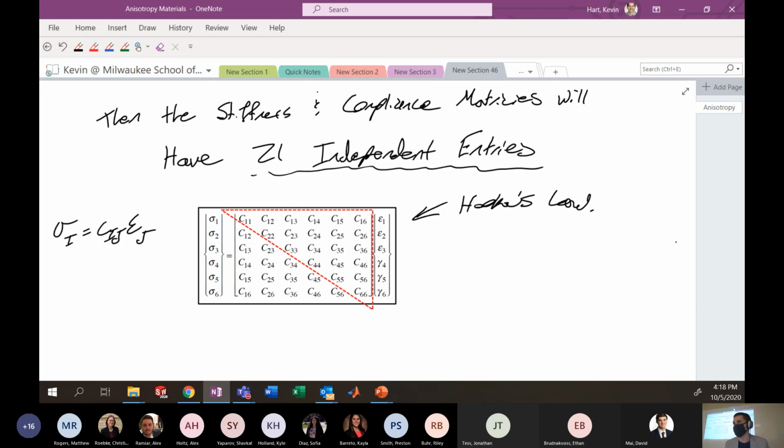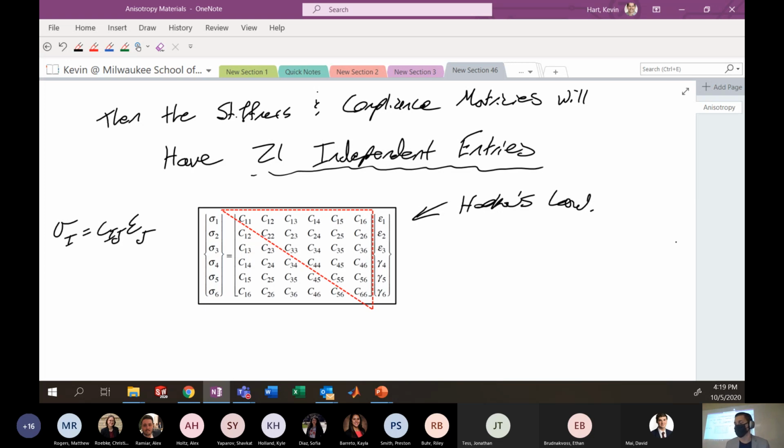Now, question for the audience. How many independent elastic constants are required to define an isotropic material? Anyone? We have a guess from the audience that is E, nu, and G. But I would argue that G is not independent of E and nu.